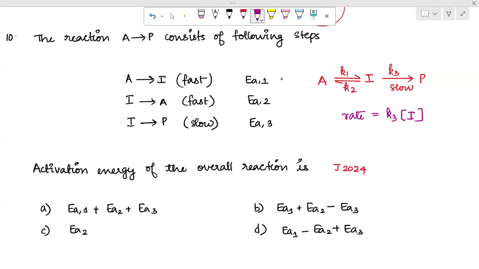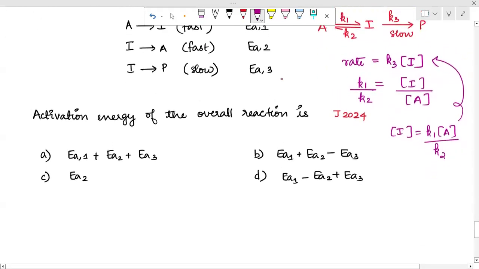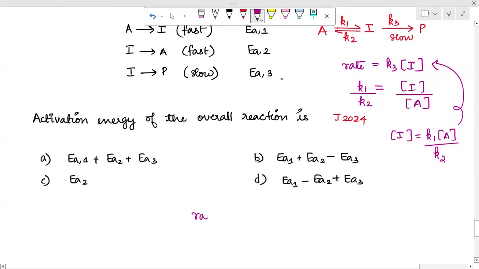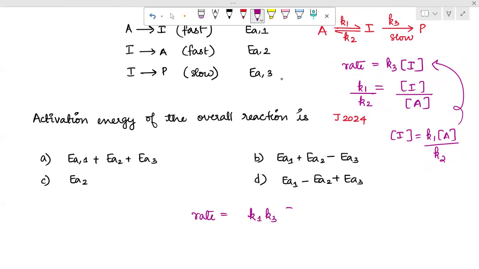We know that K1 by K2, which is the equilibrium constant, is equal to concentration of I divided by concentration of A, from which concentration of I is equal to K1 concentration of A by K2. I'll put it over here. So my rate is K1, K3 concentration of A divided by K2.